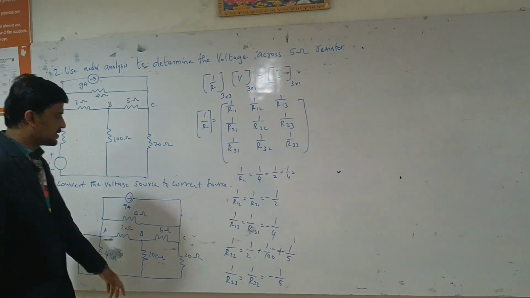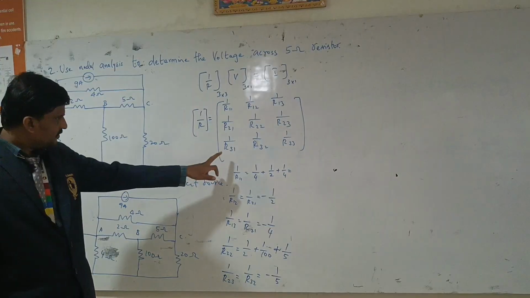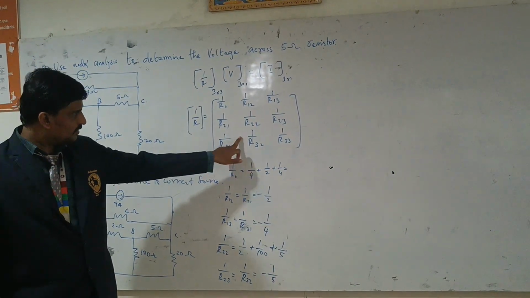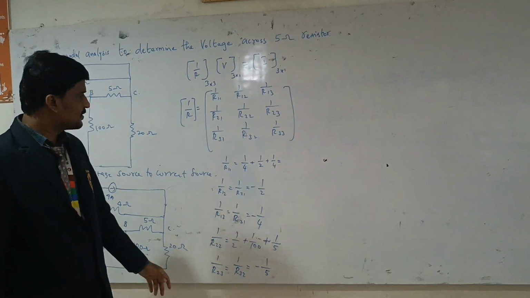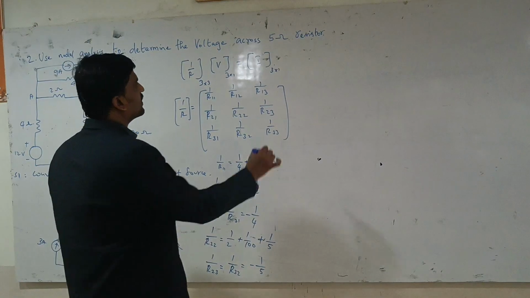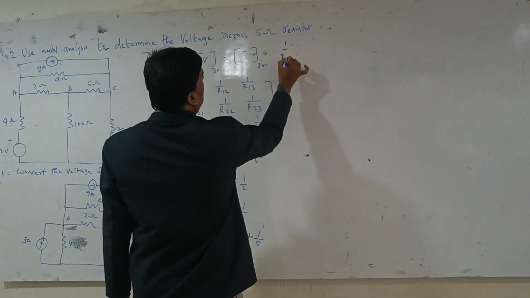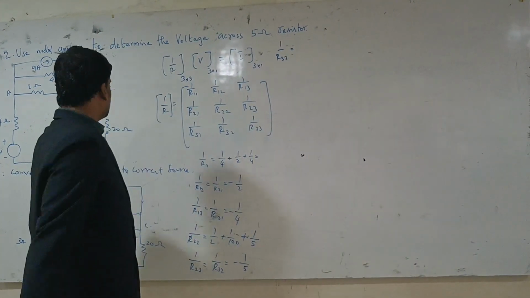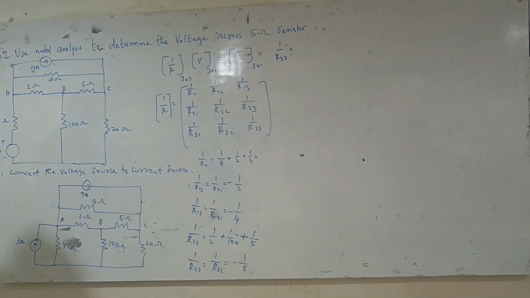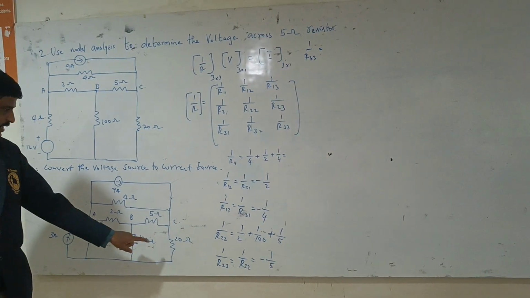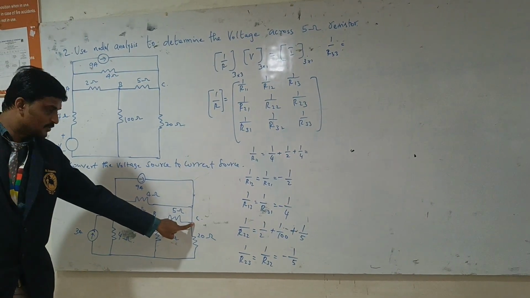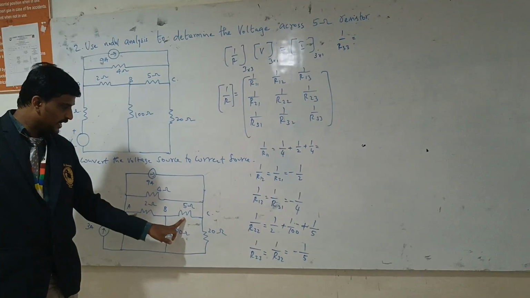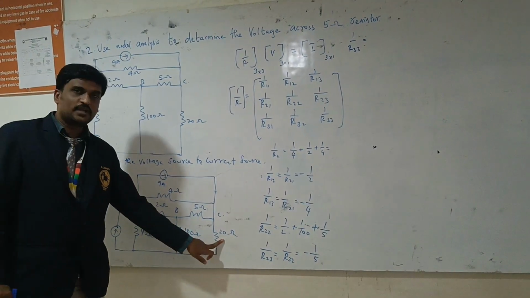We take it as minus. And next we have found 1 by R31 and 1 by R32, and finally we have to find 1 by R33. Therefore 1 by R33 is the sum of reciprocal of all the resistors connected to node 3. So here this is node number 3. So 5, 4, 20.